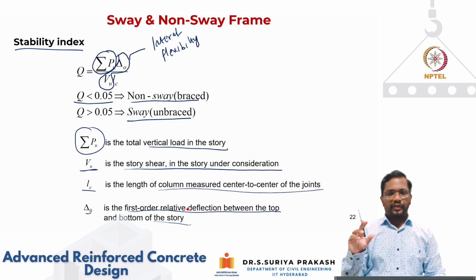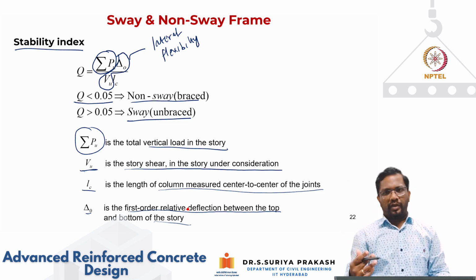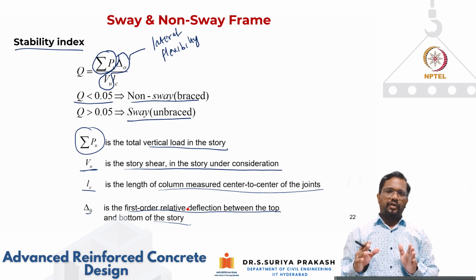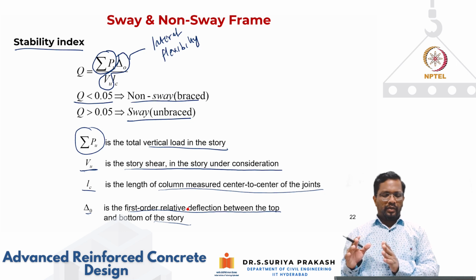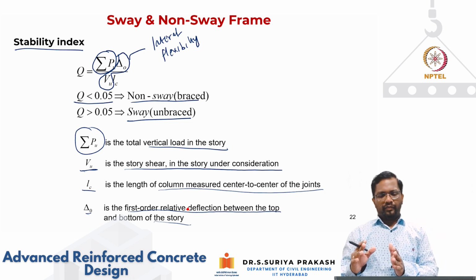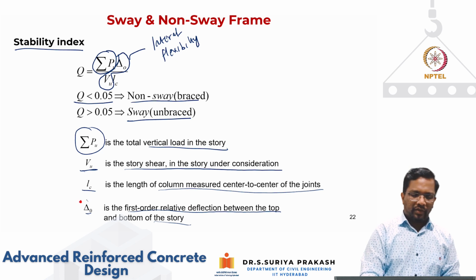So, it's a first order analysis, or in other words, we are not considering geometric nonlinearity, and we are calculating delta naught in the undeformed configuration, and that is your first order deflection value.